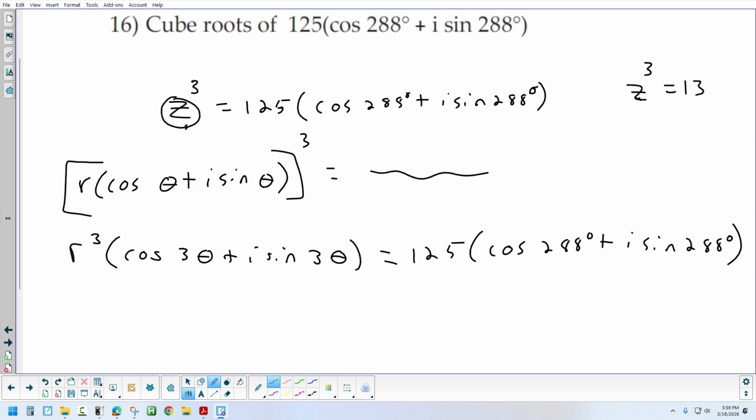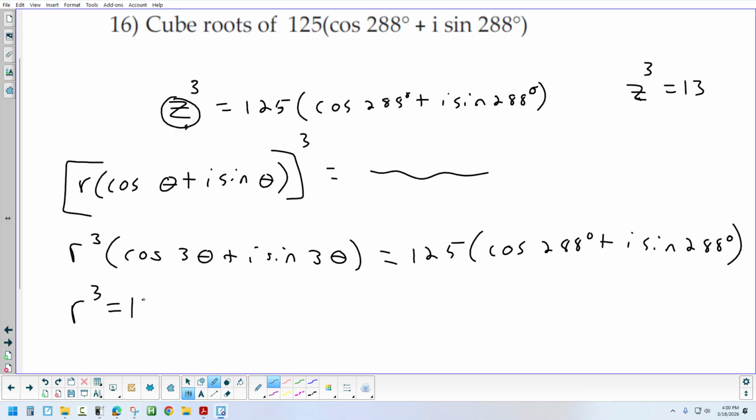Okay. What is the radius on the left? R to the third. And what's the radius on the right? 125.